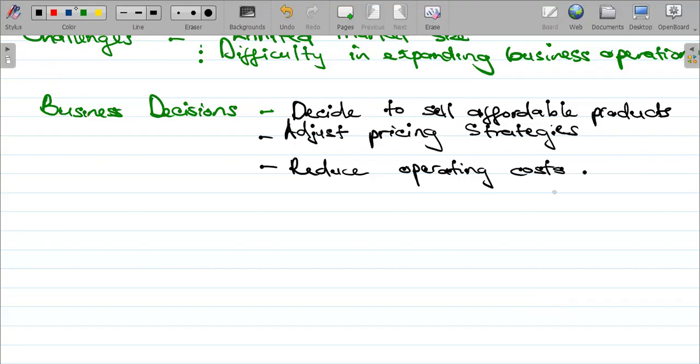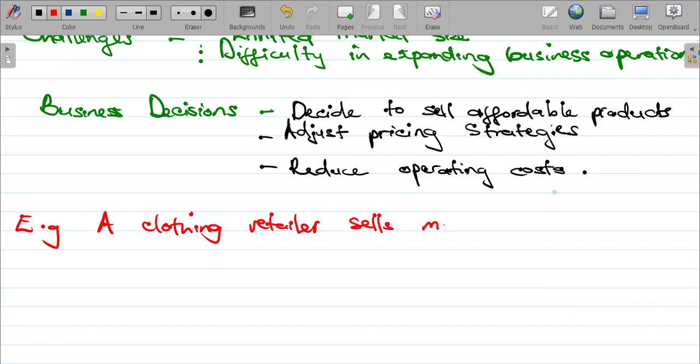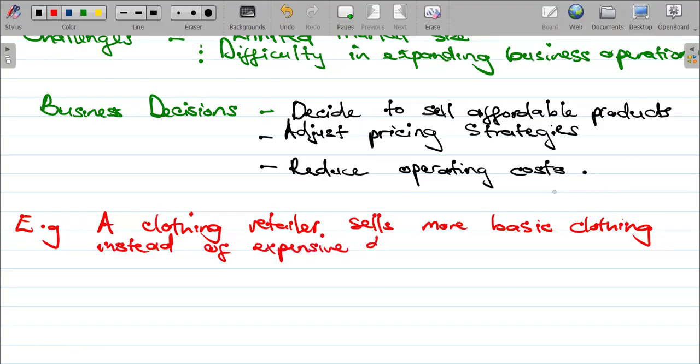For example, a clothing company or a retailer sells more basic clothing instead of expensive designer brands, right?